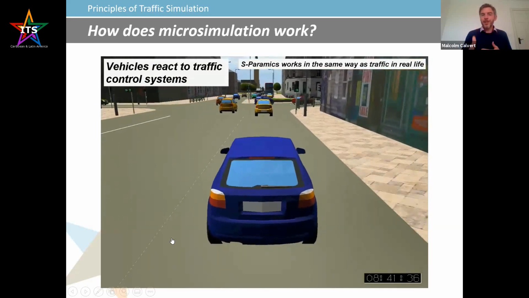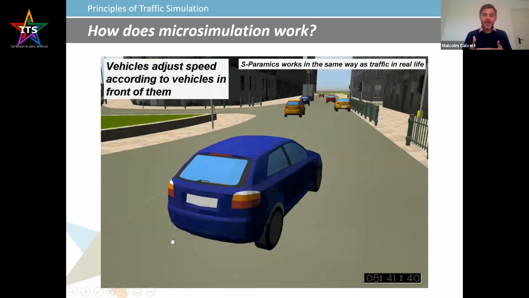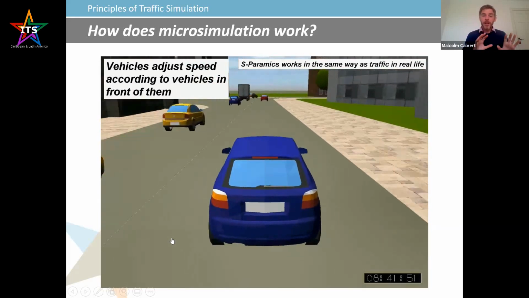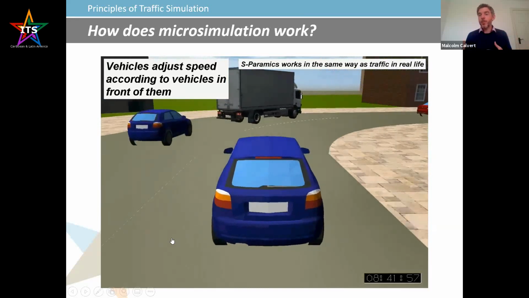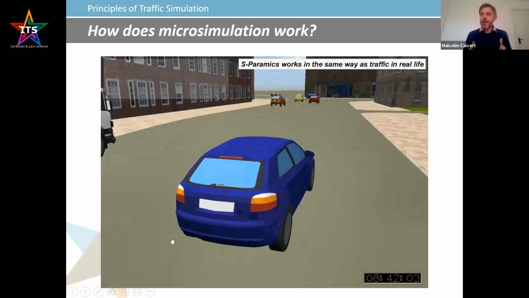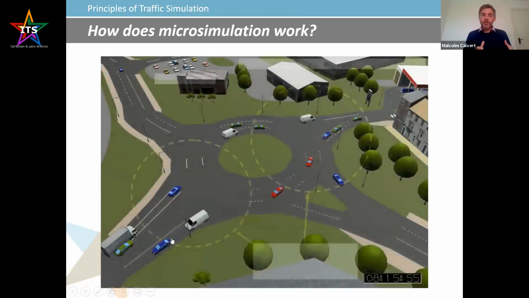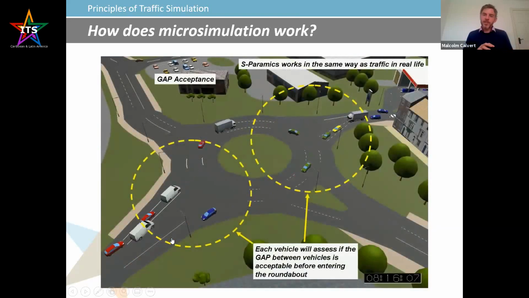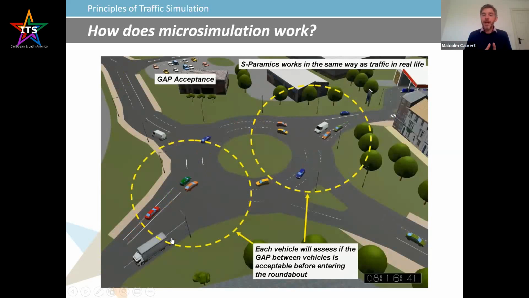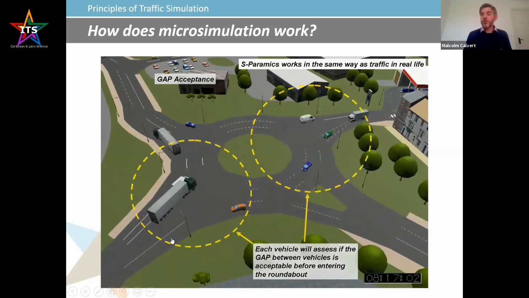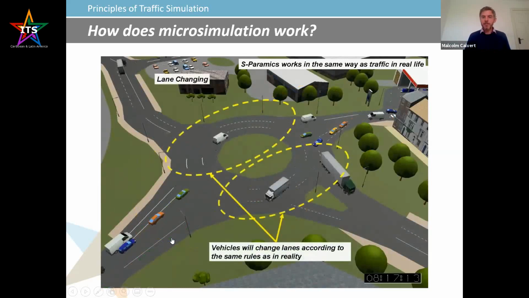You're thinking about the vehicle in front of you and how close you are to it. You're noticing traffic lights and signals, and you're stopping or going depending on whether those lights are red or green. You're thinking about gap acceptance and give way behavior. So at this example of a roundabout, as you approach, you'll be looking to see if there's a large enough gap to accept and to drive through and continue on your journey.